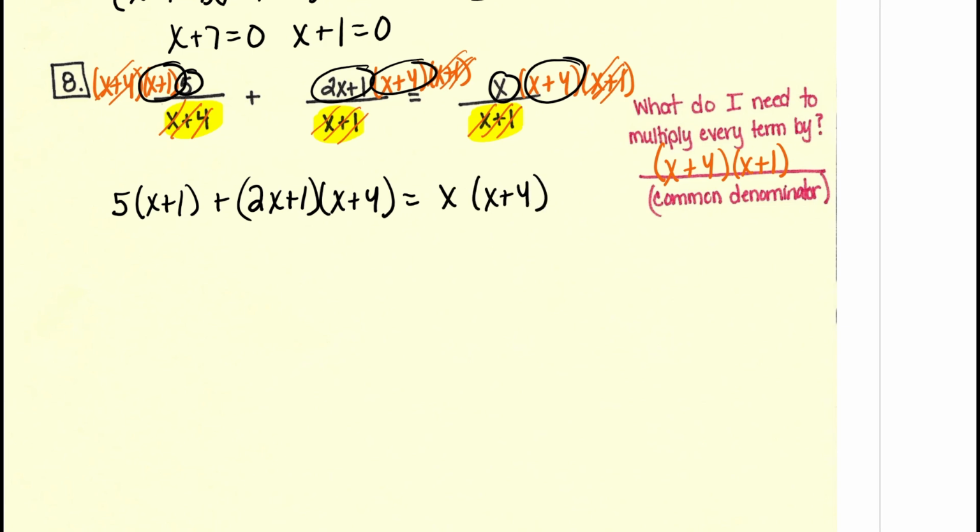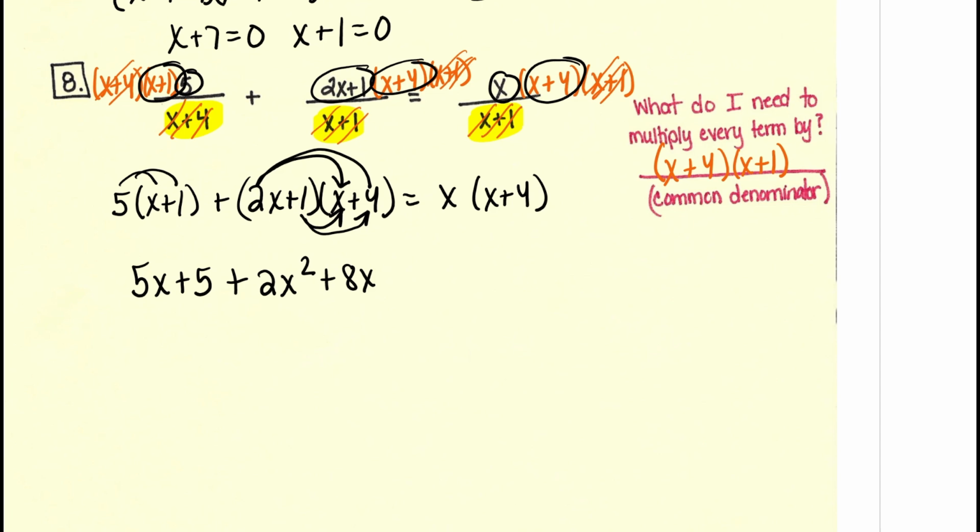All right, let's solve it. Distribute your 5 through and get 5x plus 5. Plus, distribute here, 2x goes to everybody, 2x squared, plus 8x. And then the 1 says, okay, now my turn. 1 times x is 1x, and 1 times 4 is 4.